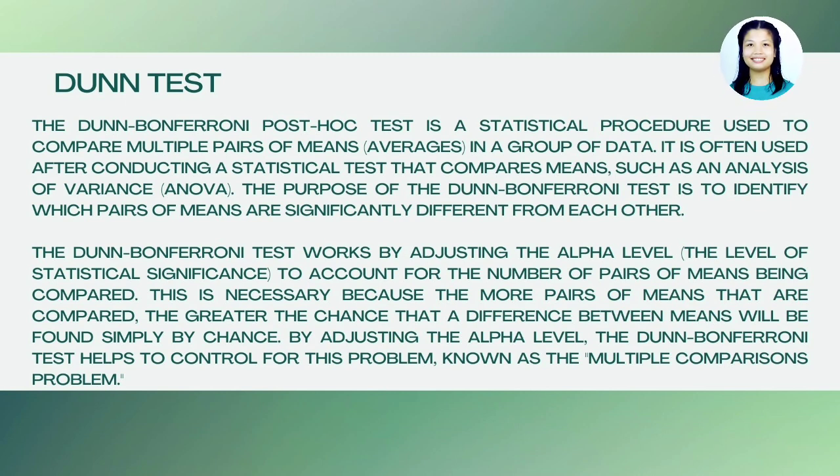By adjusting the alpha level, the Dunn-Bonferroni test helps to control for this problem, known as the multiple comparisons problem. Dunn's multiple comparisons test compares the difference in the sum of ranks between two columns with the expected average difference based on the number of groups and their size.